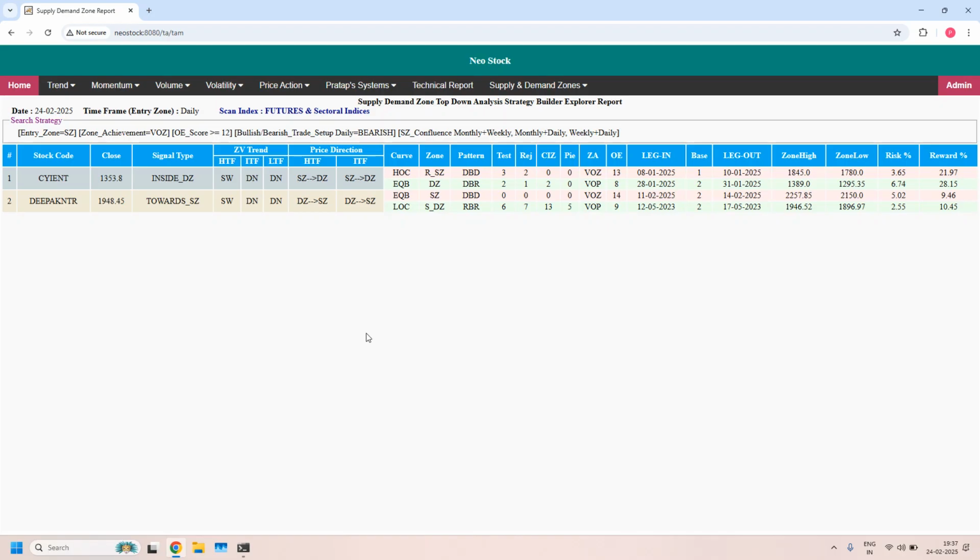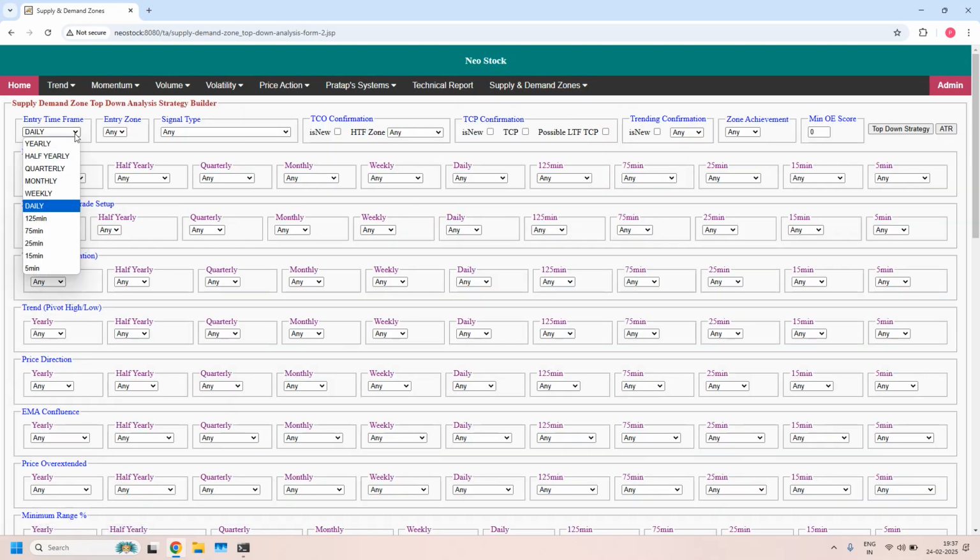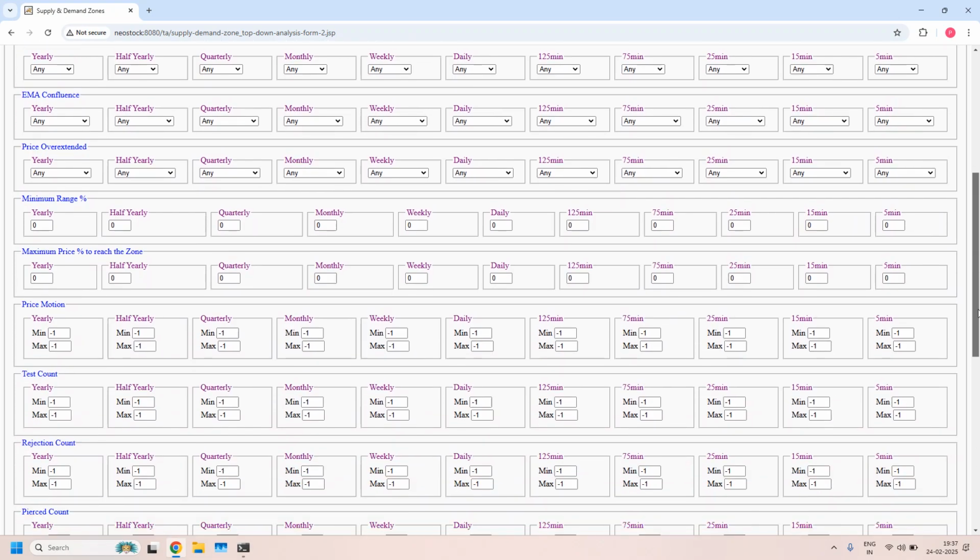Next, we will look into weekly income trade, bullish and bearish trade setup. First, bullish trade setup, weekly income trade. Entry time frame 75 minutes. Entry zone is a demand zone. In bullish or bearish at 75, I am selecting bullish. Zone achievement VOZ, minimum order enhances score 12. And 75 minutes demand zone should not be pierced.